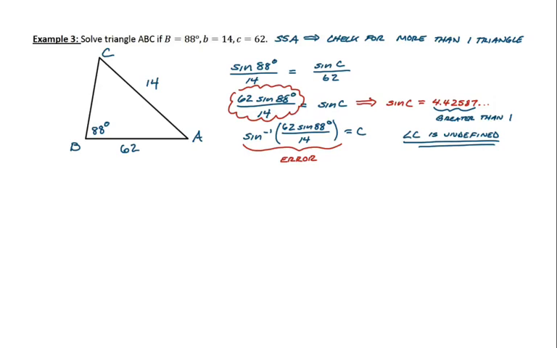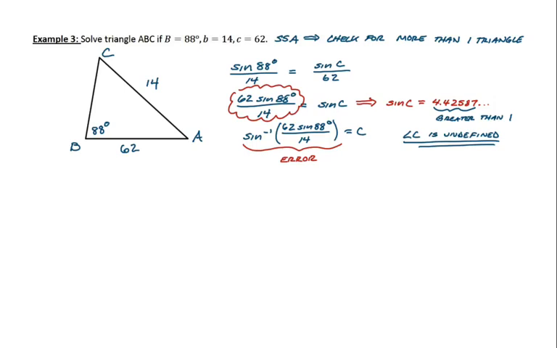So if you think about the concept here, there is no angle C in this triangle that would give me an opposite side of 62, where the opposite side of B is 14. That's just one side is way too big or way too small, and the triangle can't be drawn here.